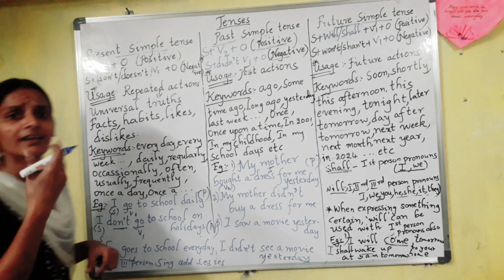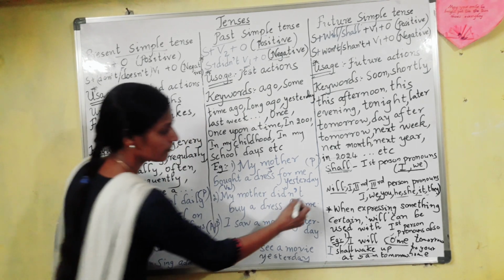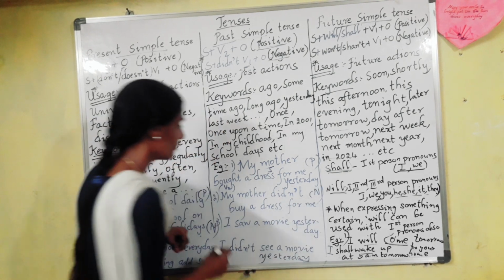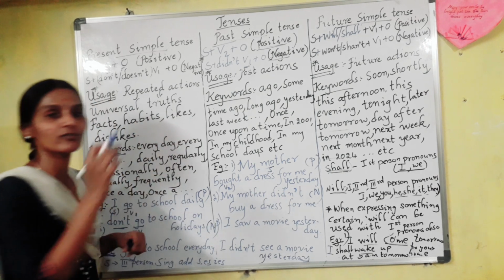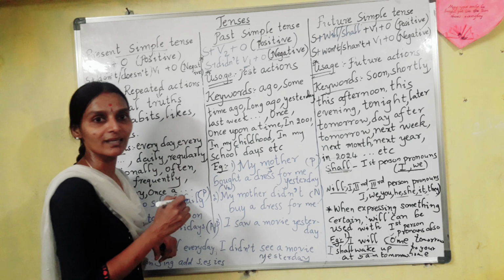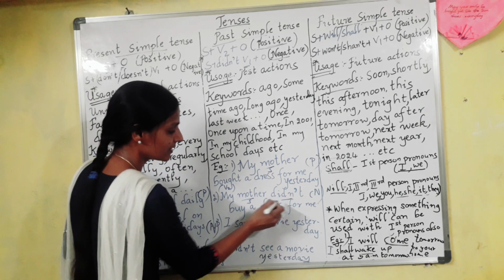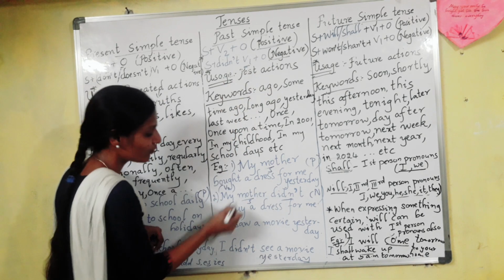But for a negative sentence, what is the structure? Second example, this is a negative sentence. My mother didn't buy a dress for me. See here, my mother is the subject and didn't. After didn't, we should use V1.